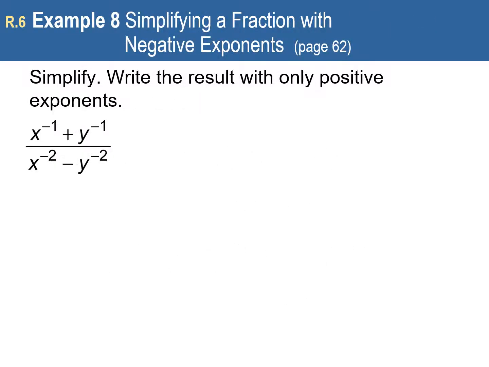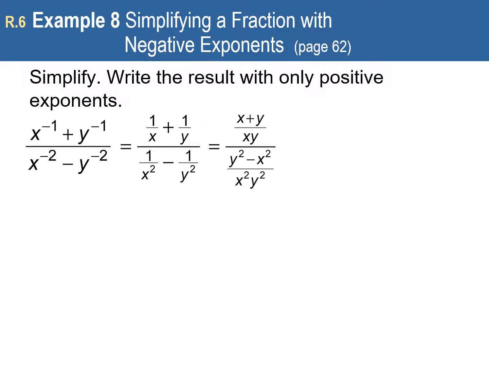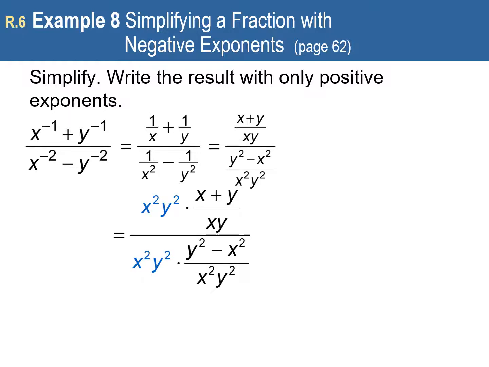Now, we want to simplify this and write only positive exponents. So we're going to rewrite these with positive exponents. And now we see we have a complex fraction. So I got a common denominator for my numerator, common denominator for the denominator, and added the two fractions. Now we're going to multiply by the least common denominator, which is x squared y squared, divided by x squared y squared.